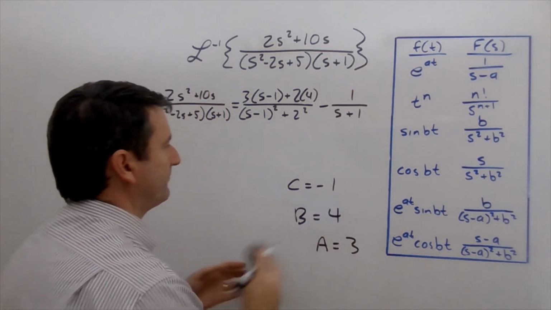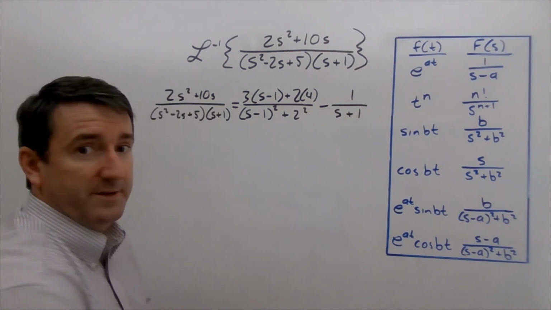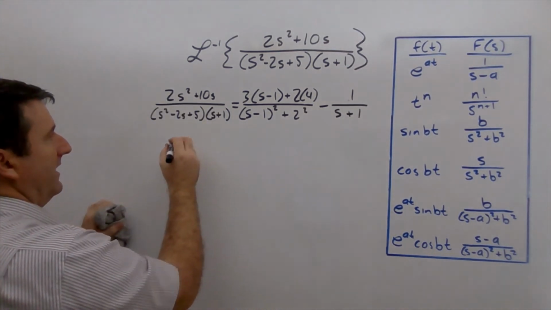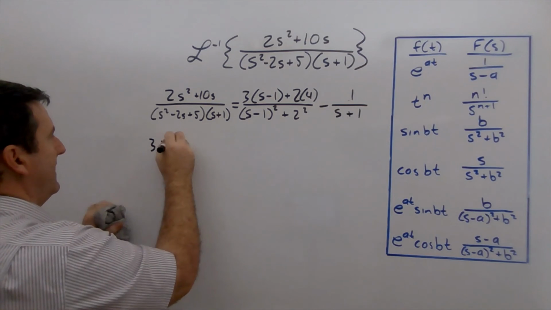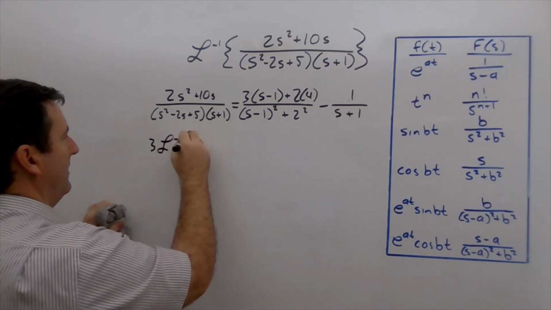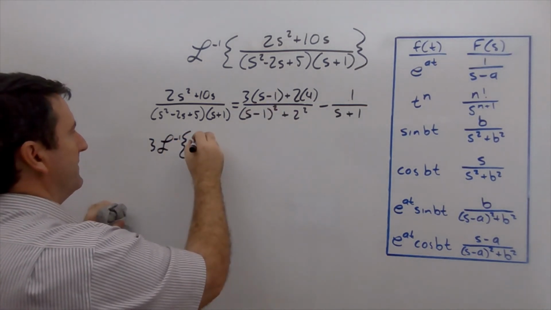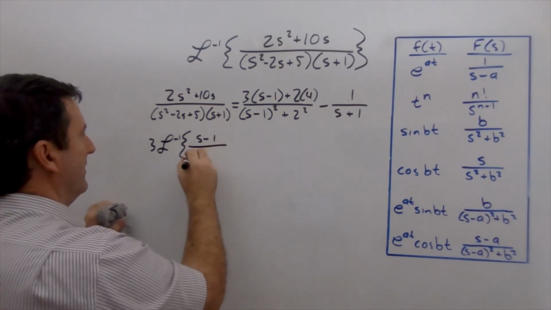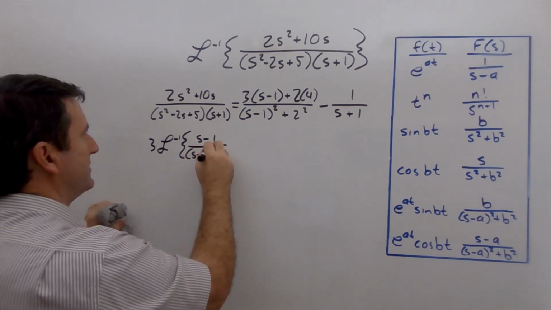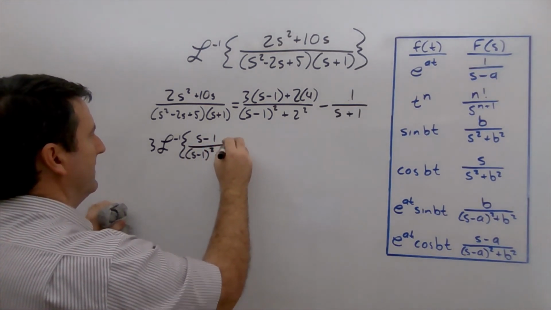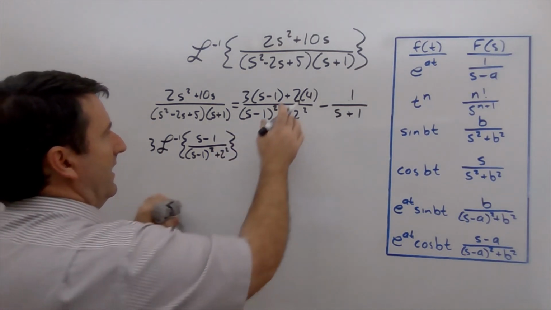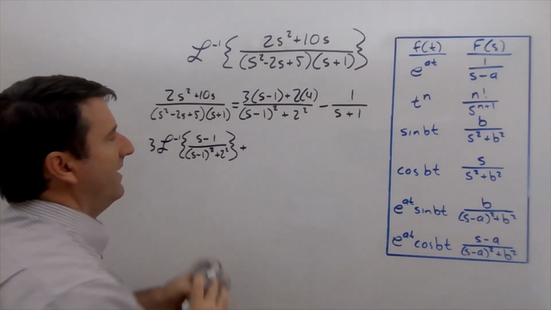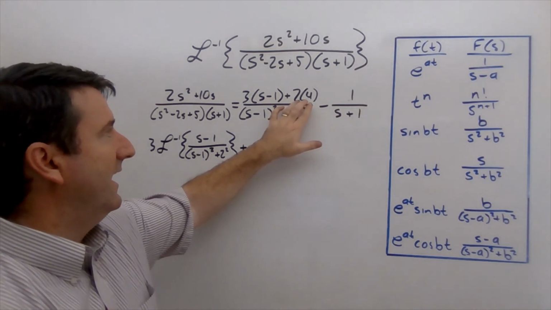All right. So now we have 3 times the inverse Laplace transform of s minus 1 over s minus 1 squared plus 2 squared. Plus, now I'm not going to factor out an 8 here.